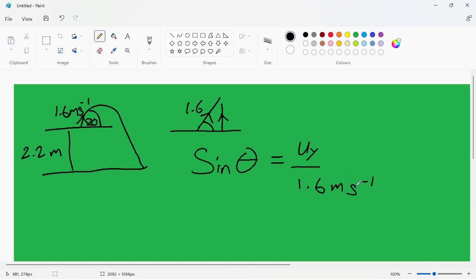Now, in order to get uy by itself, we have to do something to this side of the equation so that the 1.6 is removed. In order to do that, we will multiply this side by 1.6. When we multiply this side by 1.6, there's a 1.6 in the numerator and a 1.6 in the denominator. Let me write it out for you to see.